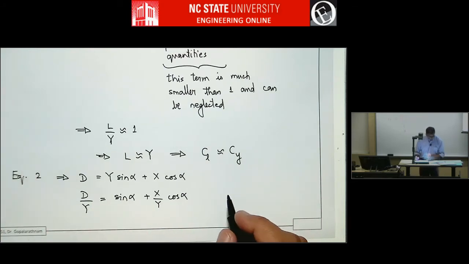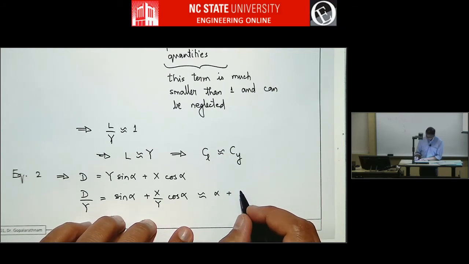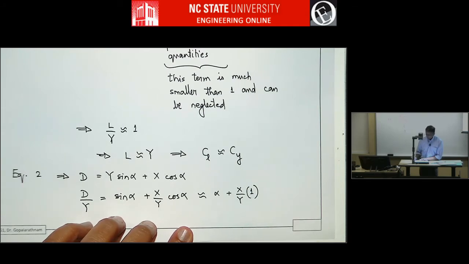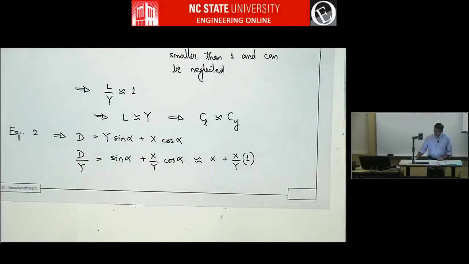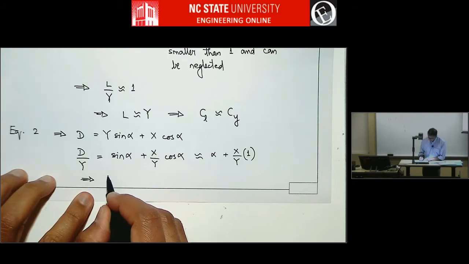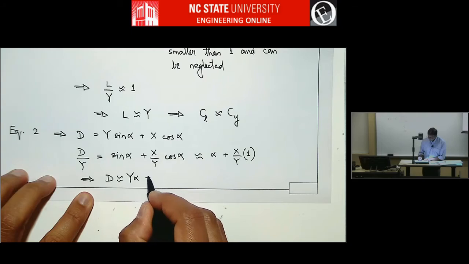That's approximately equal to alpha plus x over y times cosine alpha, which is approximately 1. So what this gives is d is approximately y times alpha plus x.